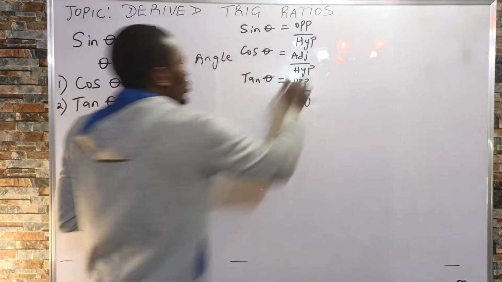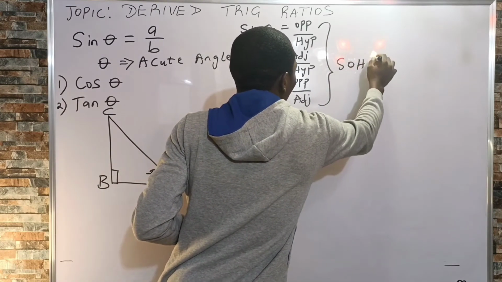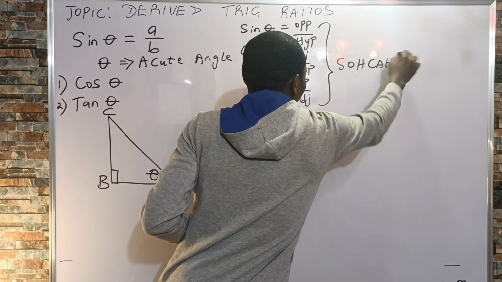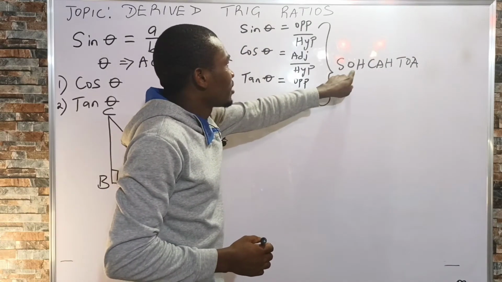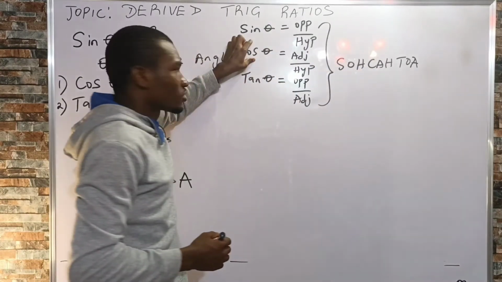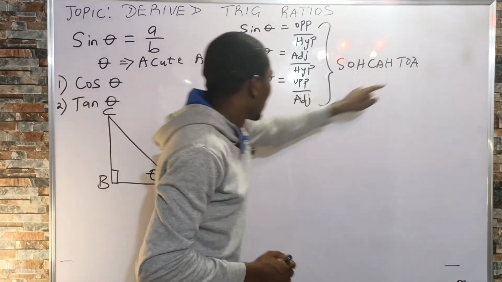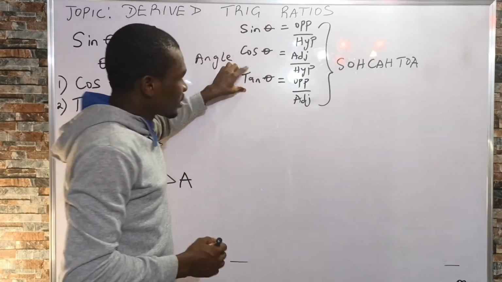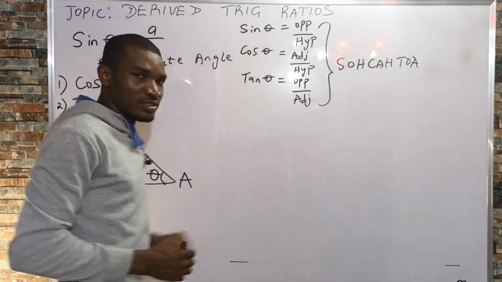So we can recall this formula using our trick, which is SOHCAHTOA, where the S stands for the sine and the sine is opposite over hypotenuse. The C stands for the cosine and the cosine is adjacent over hypotenuse. And finally, the T stands for the tangent, and the tangent is opposite over adjacent.